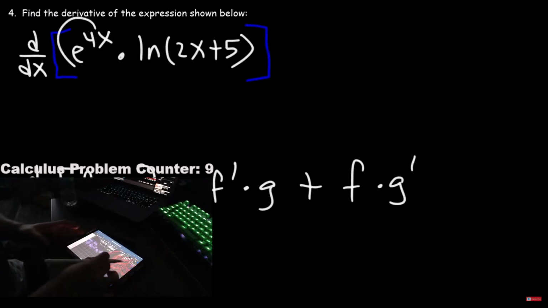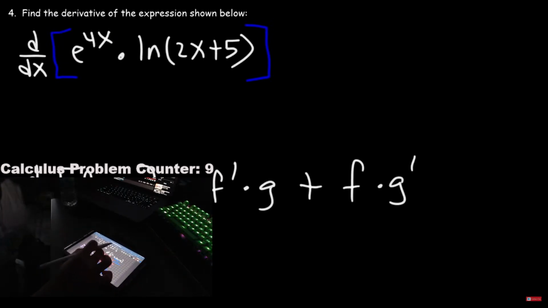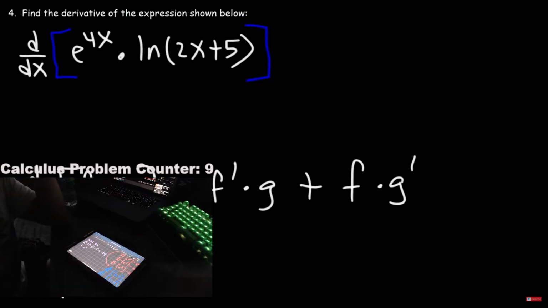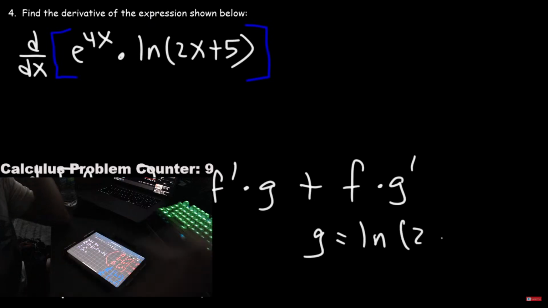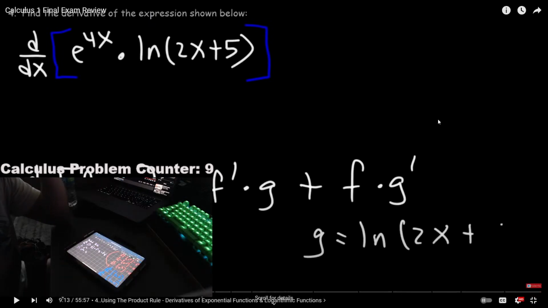So let's say that f is e to the 4x. So what's f prime going to be? Using the equation that we had before, it's e to the u times u prime. So it's going to be e to the 4x times the derivative of 4x, which is 4. Now g is going to be the second part of that expression. So that's ln 2x plus 5.